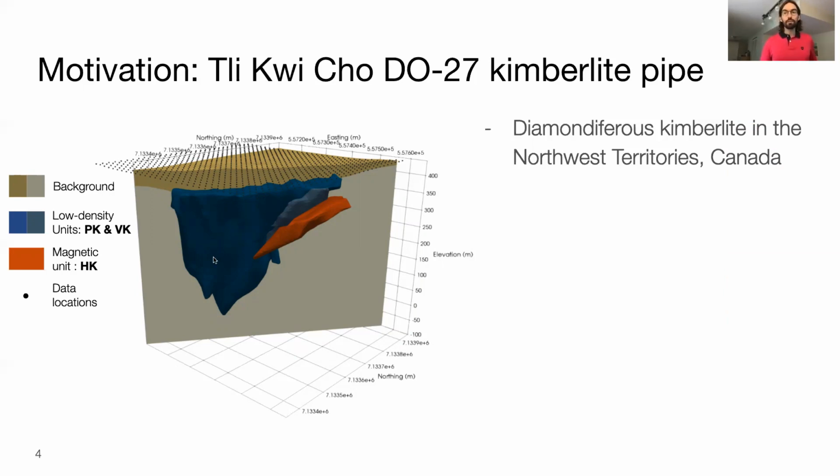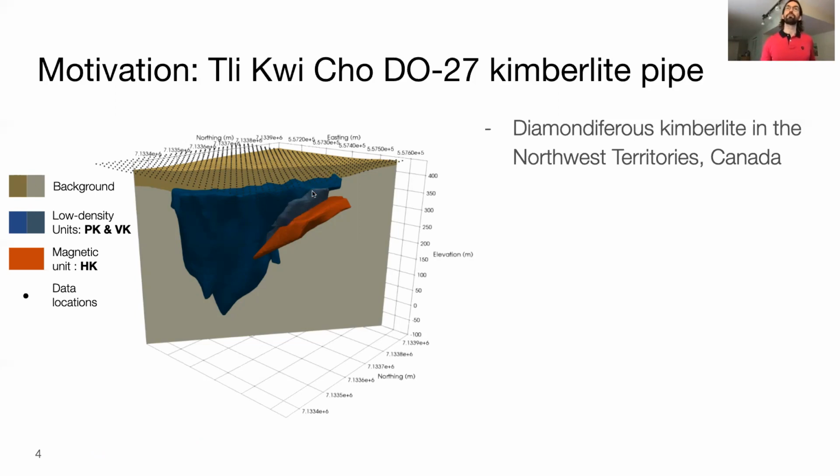This kimberlite pipe is diamantiferous, and so the way it's composed, it's embedded in a granitic background and overlaid by some till. We have the main diamantiferous unit here, the PK unit, which has a very, very low density compared to the background. PK stands for pyroclastic kimberlite.